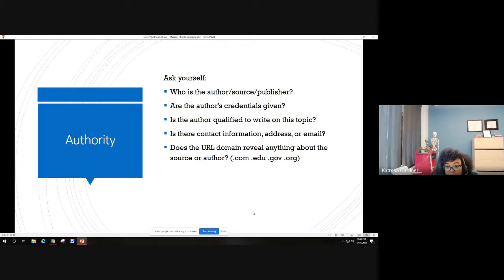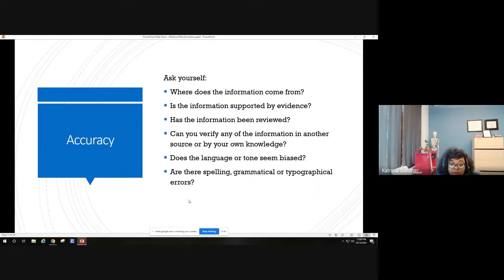And then the other one that's not here is a .net. That's a network URL domain. The purpose is normally to provide services to organizations, both private and commercial, as well as to individuals.